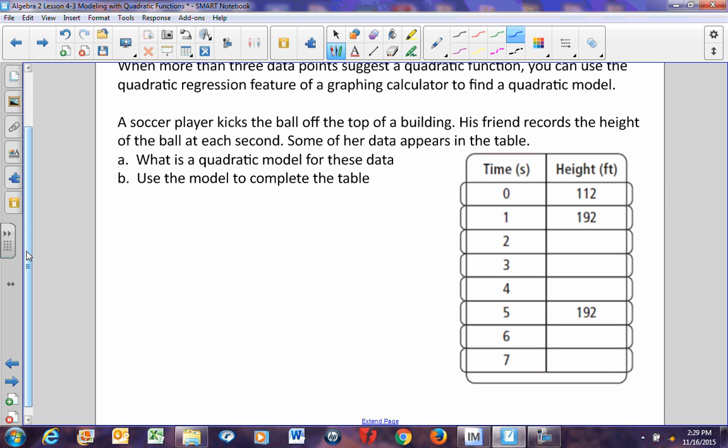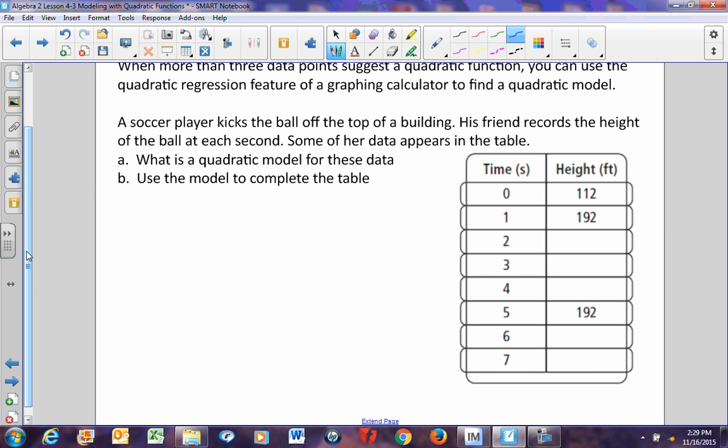You need to put in a list again. So you're going to hit your stat button and edit your list.